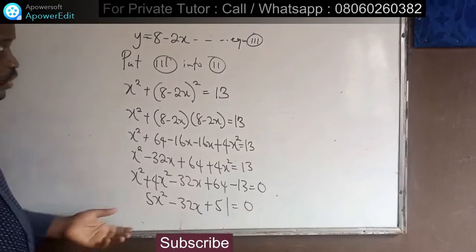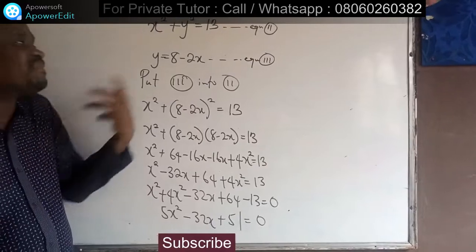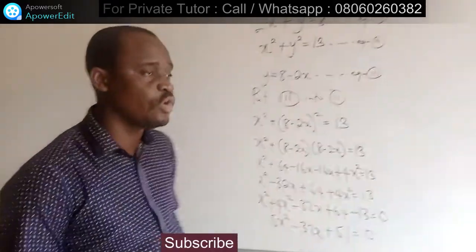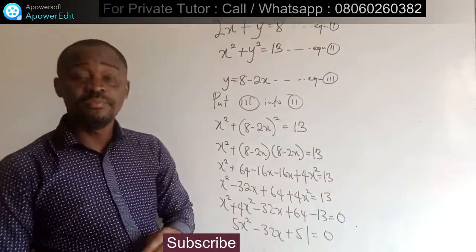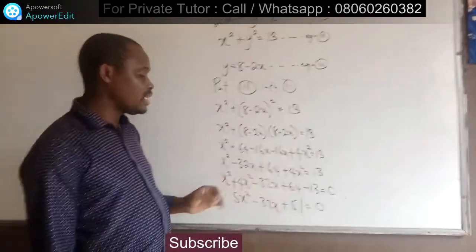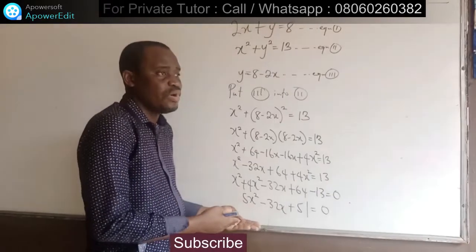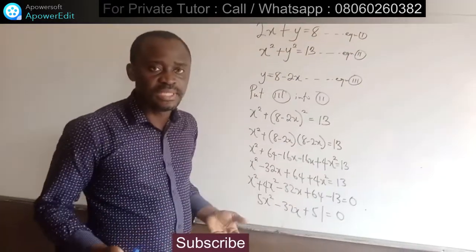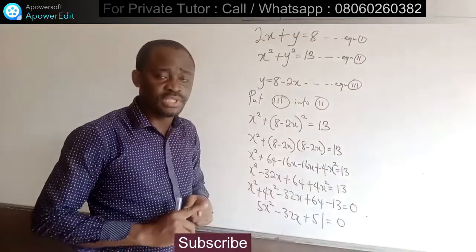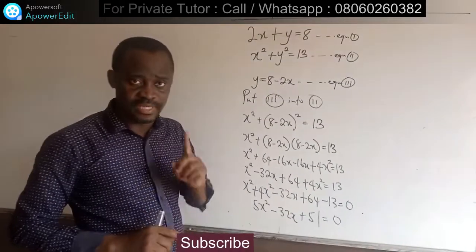So in this case, they've never specified whether we should use the factorization method or the almighty formula or the completing the square method. So what I will just do here is simple. For me not to bug your heads, I can just use the general formula. If you don't know what the general formula is, check my previous videos, I've made that.